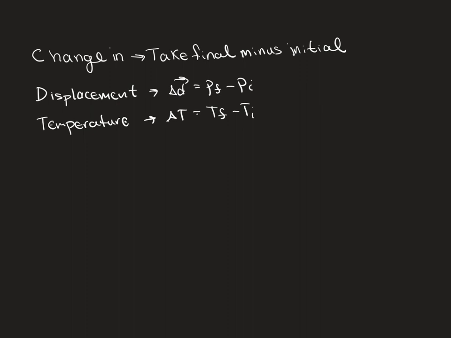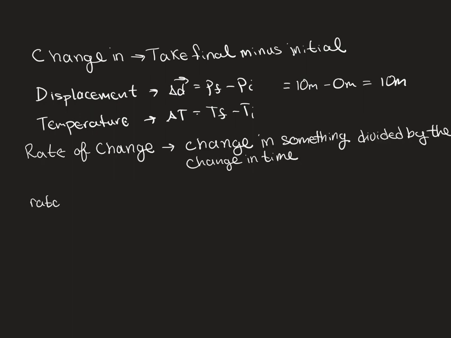No matter what we do, time is going to progress forward, so we tend to benchmark things in terms of time. So when we want to know the rate of change of our displacement, I use the example here of our final position being 10 meters, and we started at 0 meters, so our displacement is 10. If we did 10 meters in 10 seconds, our rate of change is going to be our displacement over time.